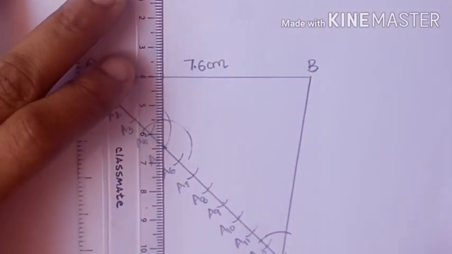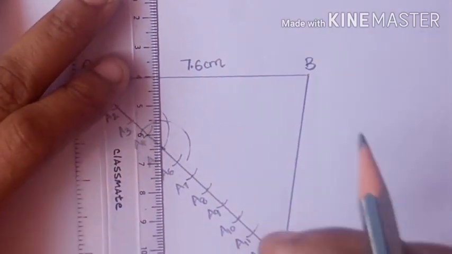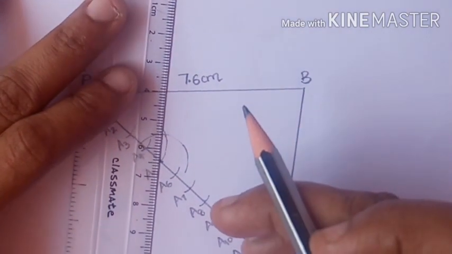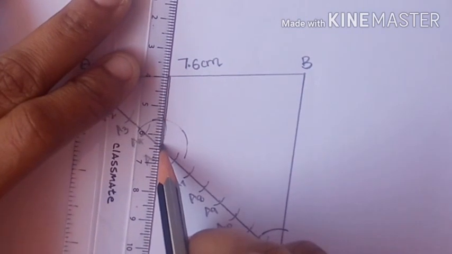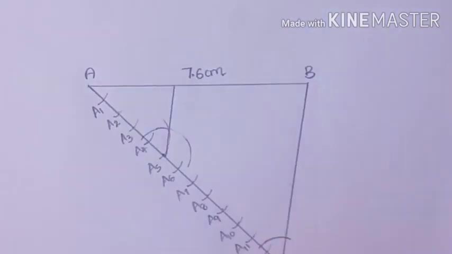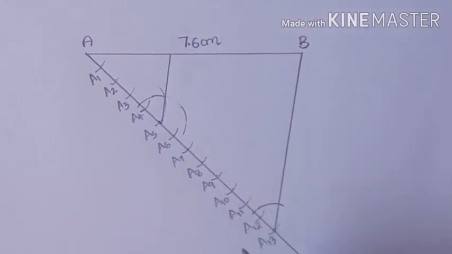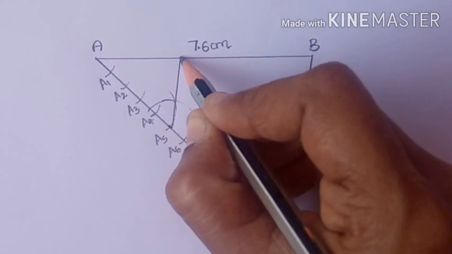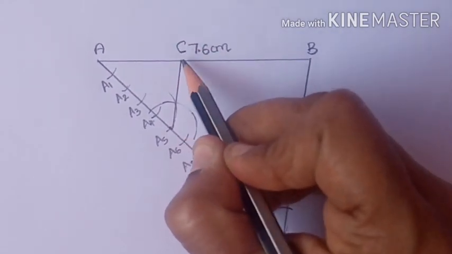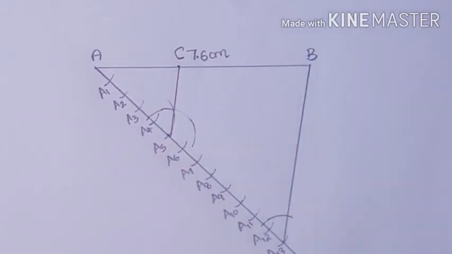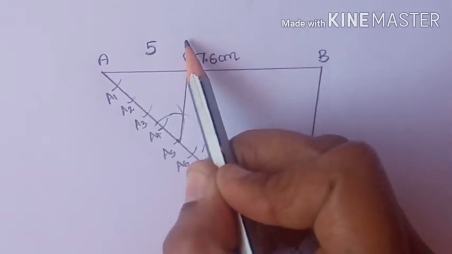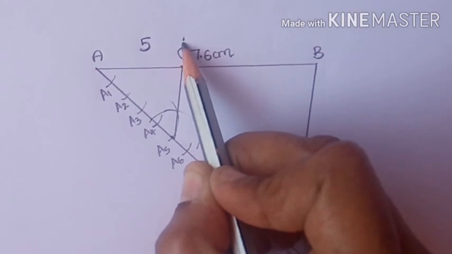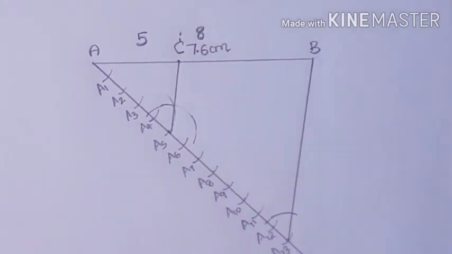Join A5 and the point of intersection of those two arcs which you have drawn previously, and the line will meet AB at C. Label the point C. So AC is to CB is 5 is to 8.